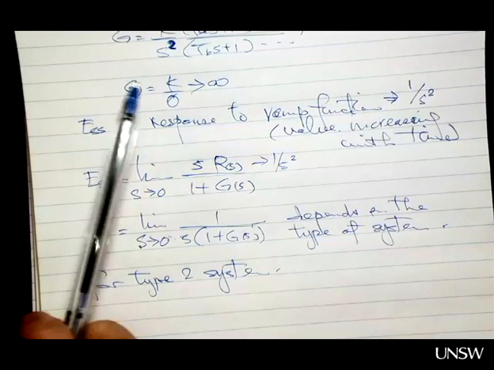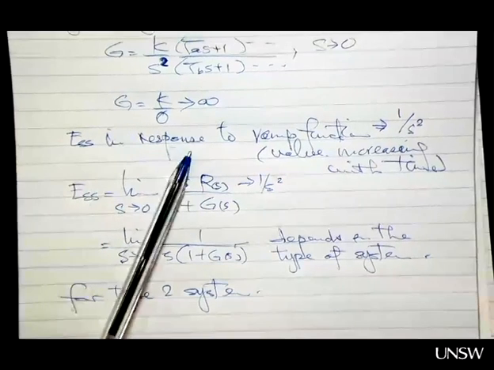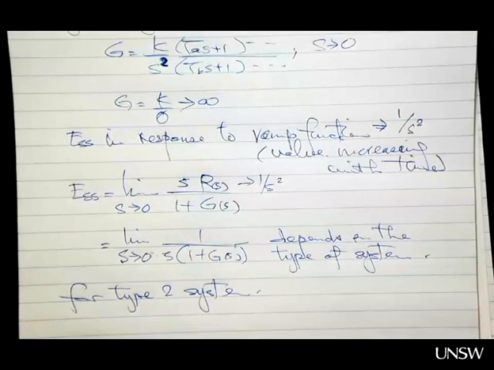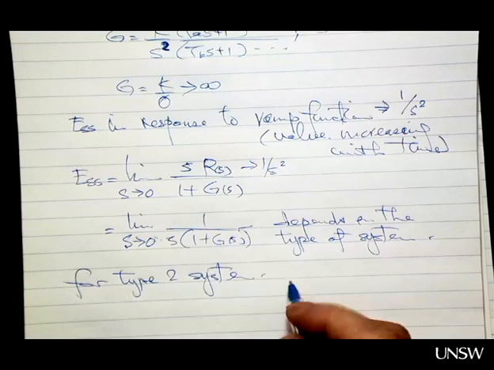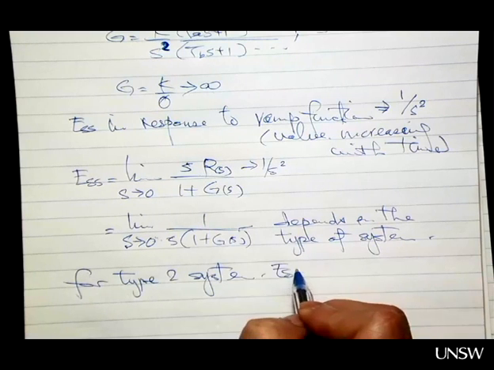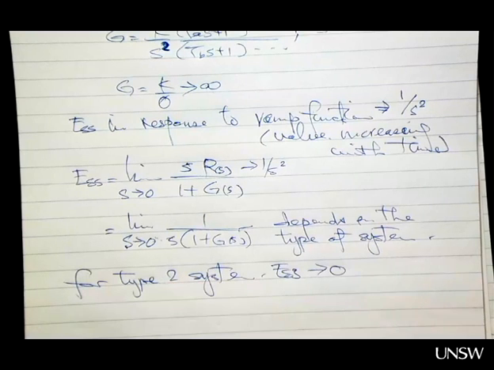For the type 2 system, we have this case, the s squared term makes the gain go to infinity. So in this case, for a type 2 system, the error goes to 0.